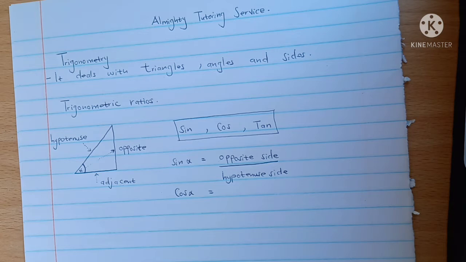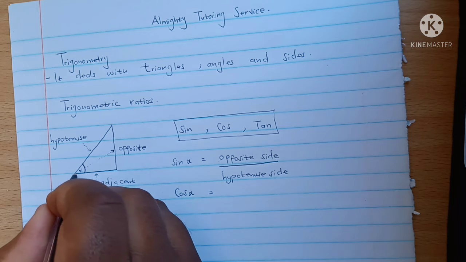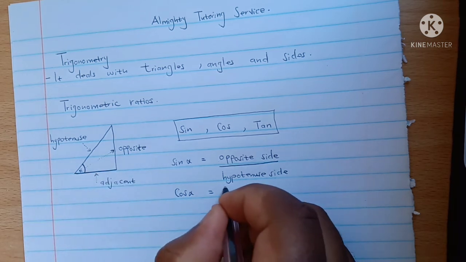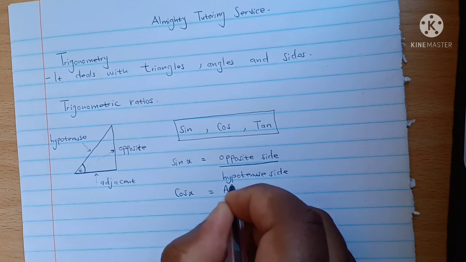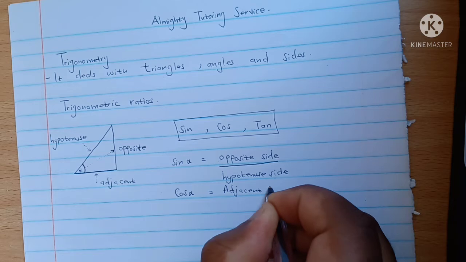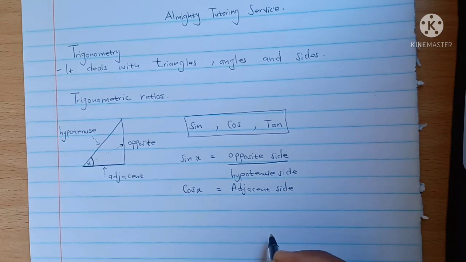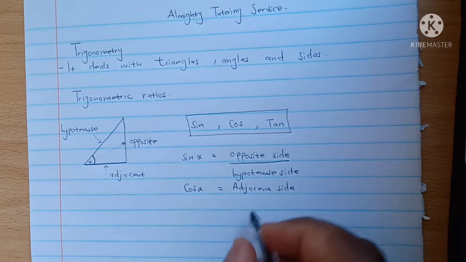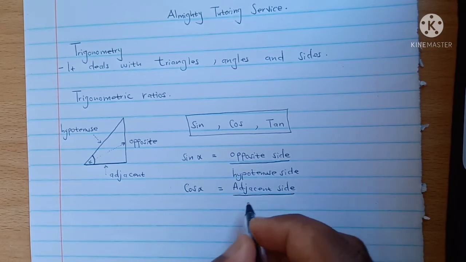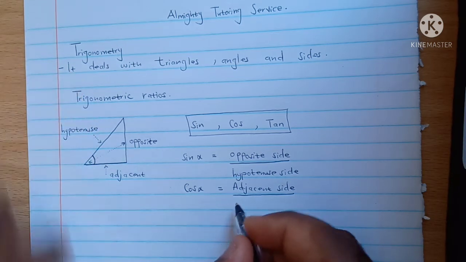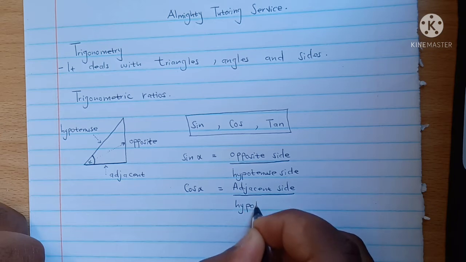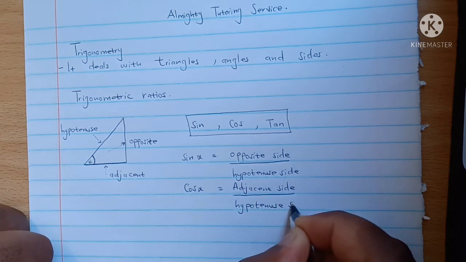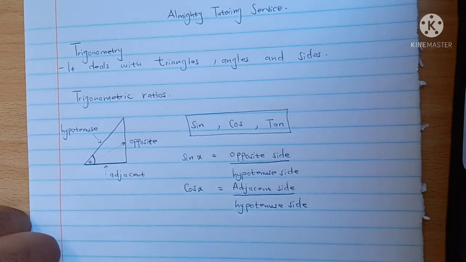So cos of alpha will be equal to the adjacent side, which is this side, adjacent side over the hypotenuse side, right?